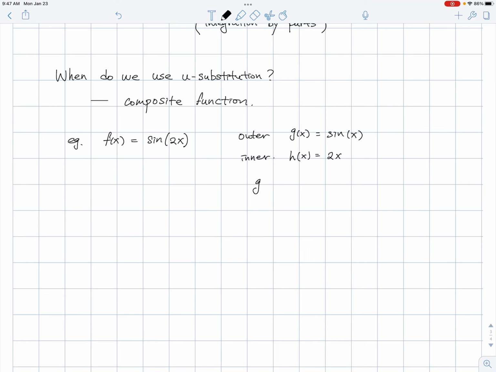So when you now do g of h of x, you get sine of h of x, which is sine of 2x.